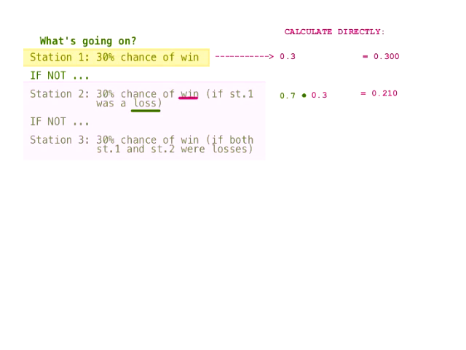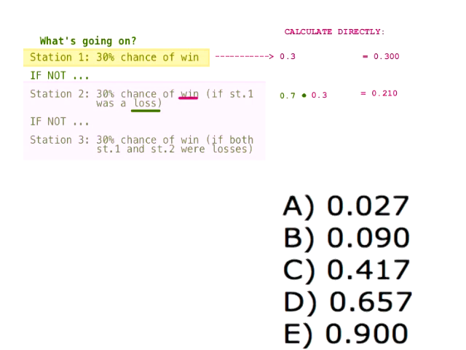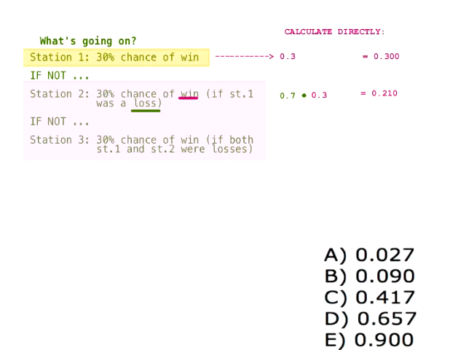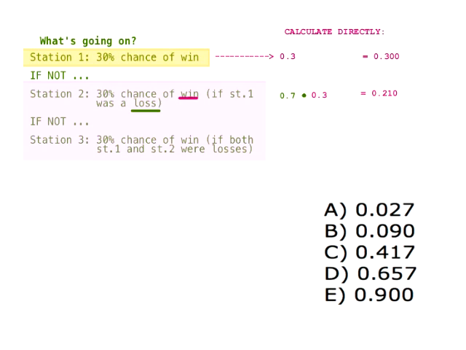Because you know that it's going to be more than 51%, but it can't get all the way up to 90%. So as soon as you get here, you're done. Because you're already bigger than A or B or C, and it's not going to be E because you can't gain 40 more percentage points. Don't do more work than you have to do, right? When you review the problem, you can work out the rest of it.